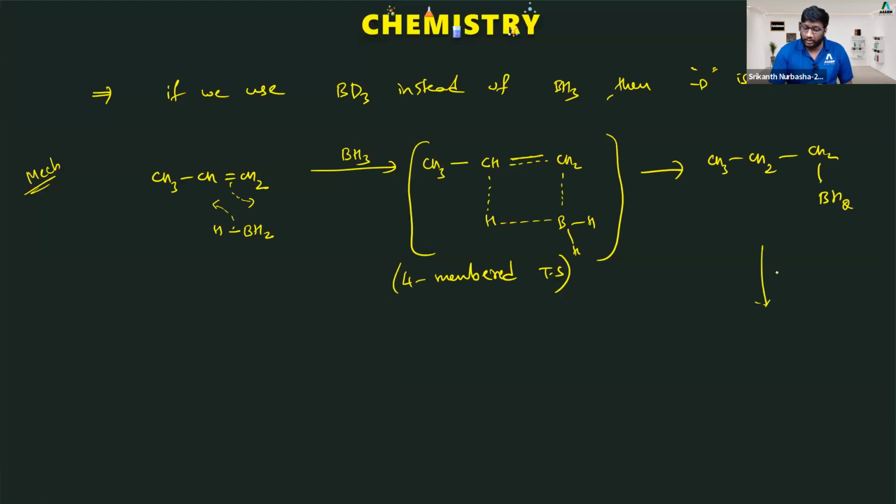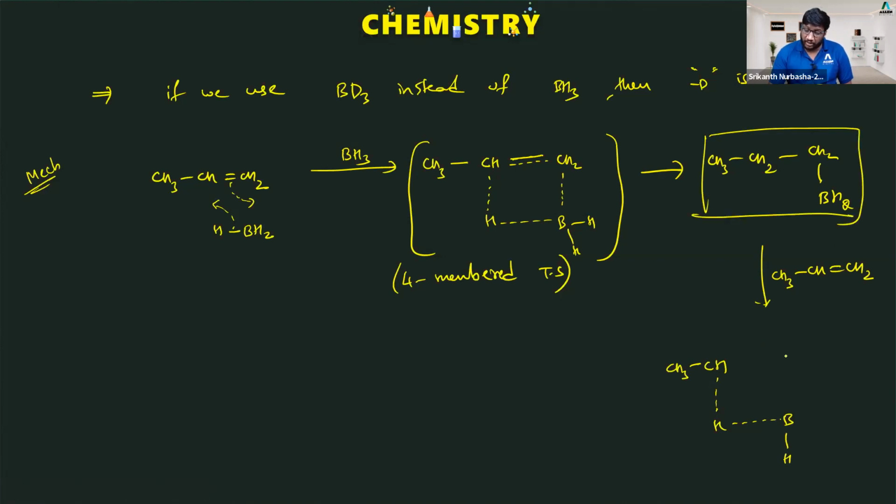This is now going to be attacked by the other molecule CH3, CH double bond CH2. With the other molecule, it forms CH3, CH2, CH2, BH, CH2, CH2, CH3. One boron-hydrogen bond is going to be weakened, because it is going to add across the pi electron density.